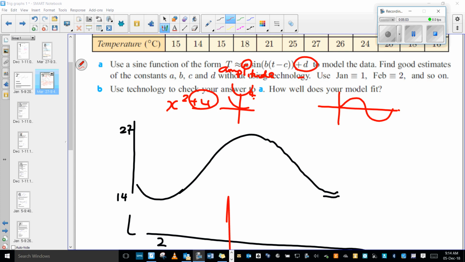So we want to pick a point that we're comfortable with, knowing that normally it goes through 0, 0 at our central line. So where is our central line? 20.5, yes? Oh no, hang on a minute.